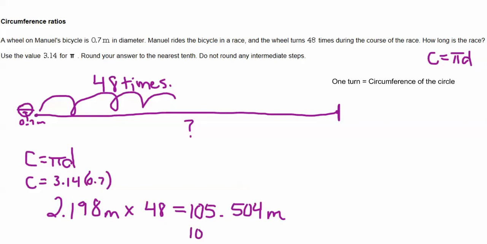So our answer here will be 105.5 meters. This is your tenths place. The number after the tenths place is 0, so it's less than half. So the 5 will remain a 5 instead of rounding up to a 6. So our answer here is 105.5 meters.